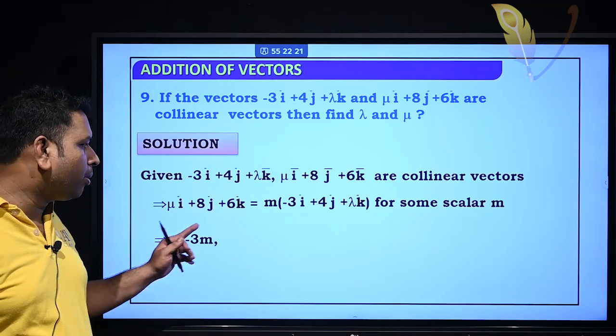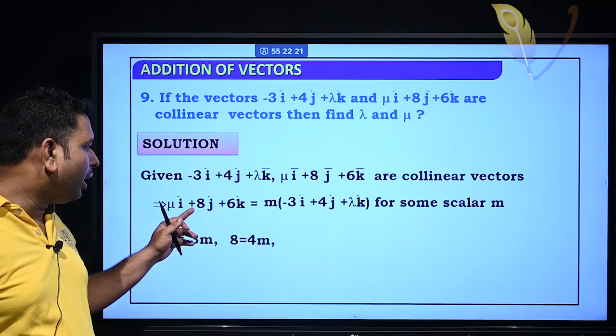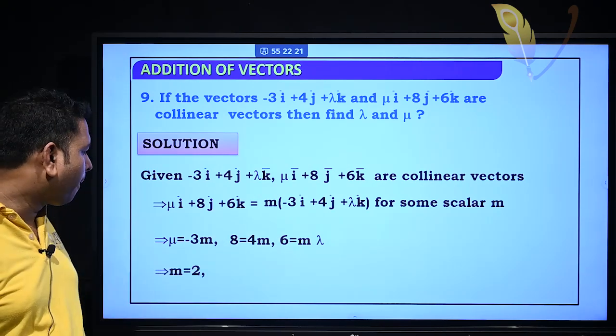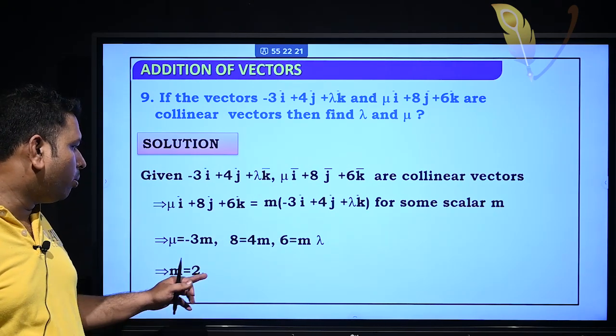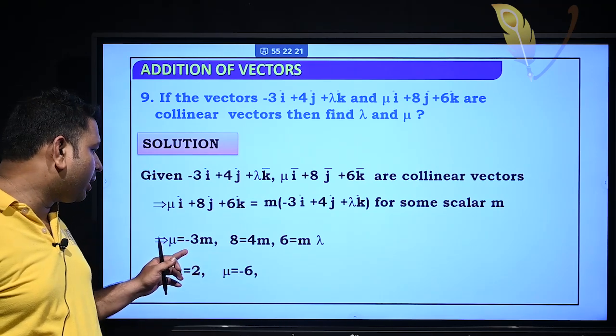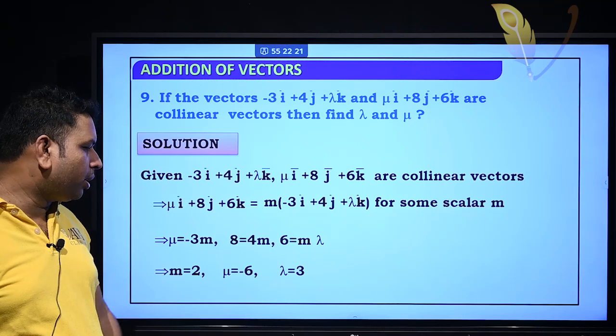That implies mu equals minus 3m, 8 equals 4m, 6 equals m lambda. So by simplification m is 2, so mu is minus 6, lambda equals 3.